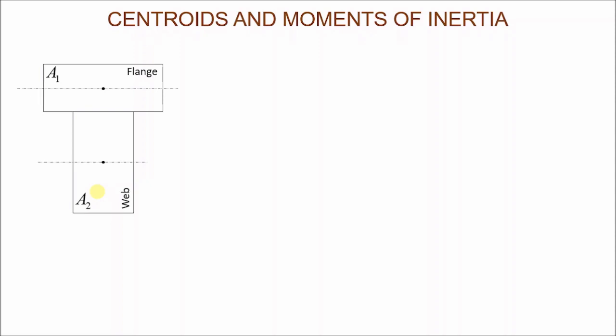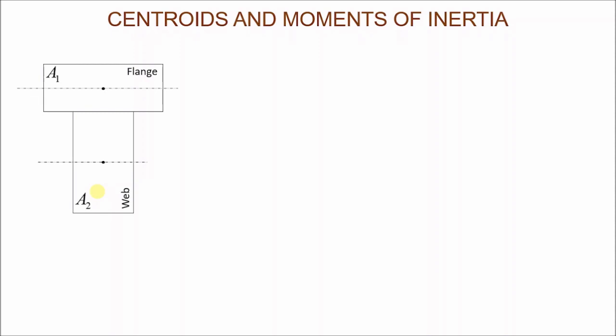Okay, now if we have to find the centroid of this particular section, it's important to remember that when you're dealing with a section that has got an axis of symmetry, a section that's got an axis of symmetry will have its centroid on the axis of symmetry. Okay, it's really important to understand that. A section that has got two axes of symmetry will have the centroid at the intersection of the two axes of symmetry.